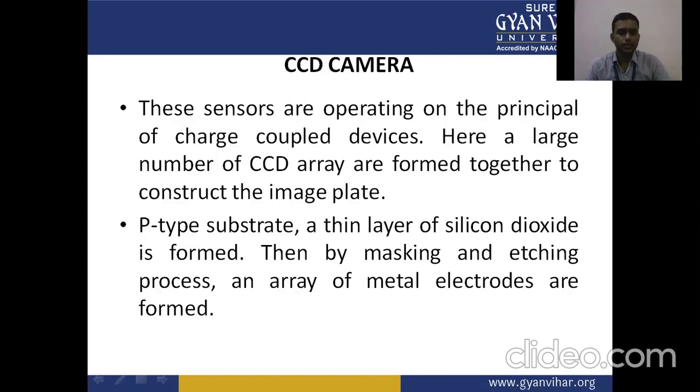So these sensors operate on the principle of charge coupled devices. Here, a large number of CCD elements are formed together to construct the image plate. On a P-type substrate, a thin layer of silicon dioxide is formed, and by masking and etching processes, an array of metal electrodes is formed.